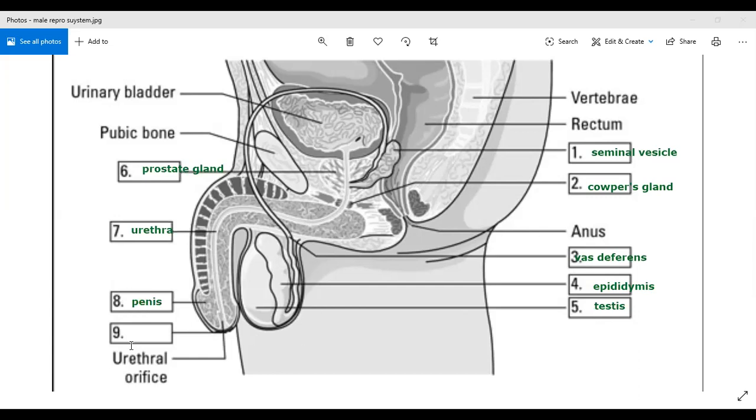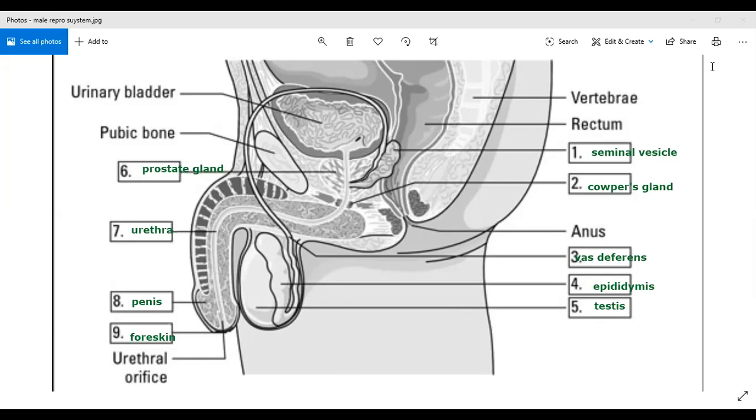And number 9 is the foreskin of the penis. But for 8, wouldn't it be the glans? Yes, it's called the glans penis, which is the head of the penis. So I was saying, just to make it easier, could just say that was the penis. And this looks like the foreskin area that you would retract for the penis there.